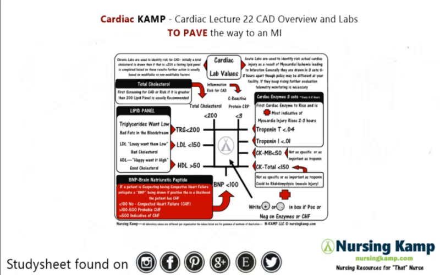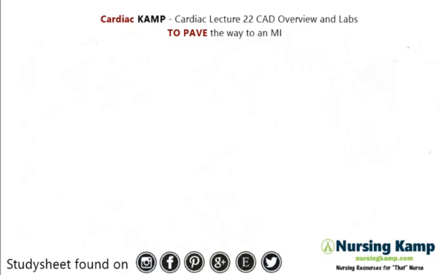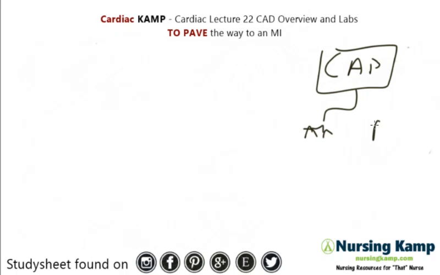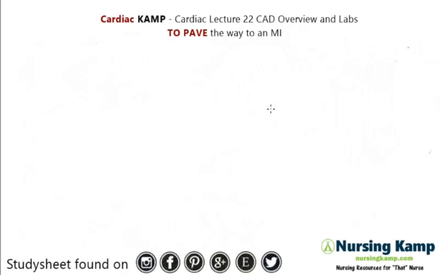Okay, let's get going. When we're talking about this cardiac fishbone, we're talking about cardiac labs, and cardiac labs are specific to cardiovascular disease, or CAD. In my previous lecture, I talked about CAD as a blanket statement for atherosclerosis or arteriosclerosis. When you just get a question on CAD, it's a generic question.